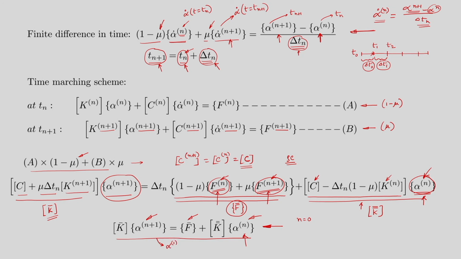That is the first time step. Then we will plug it in here and obtain alpha at time T2, and so on. We have to do that recursively and find the solution at all time instances from T0 to Tn.